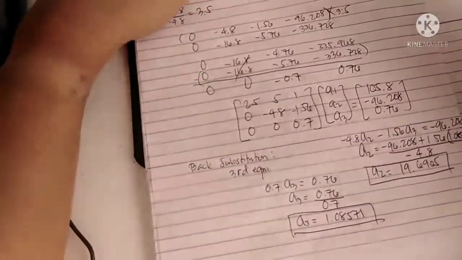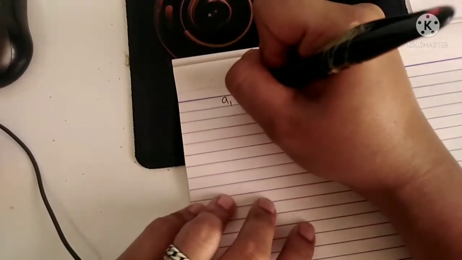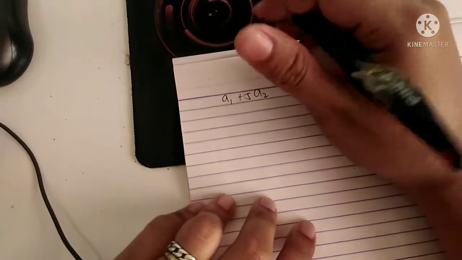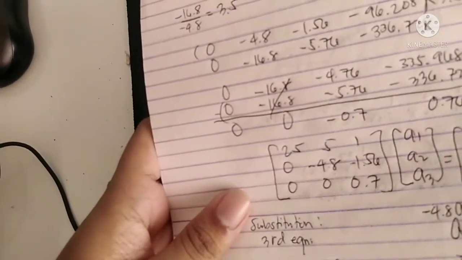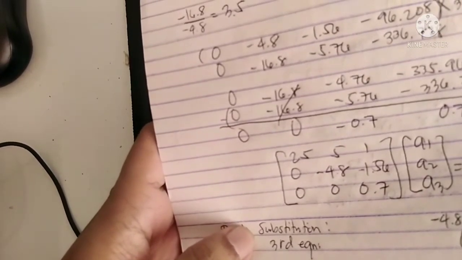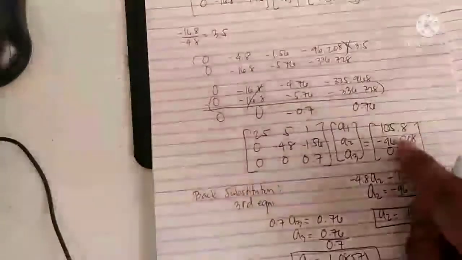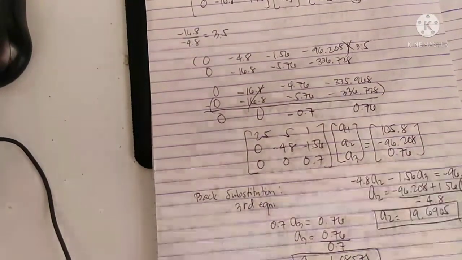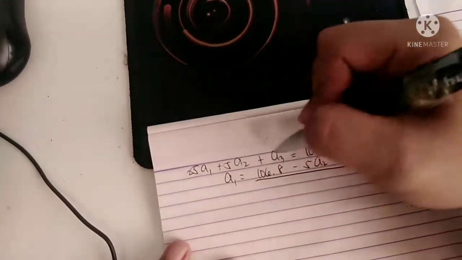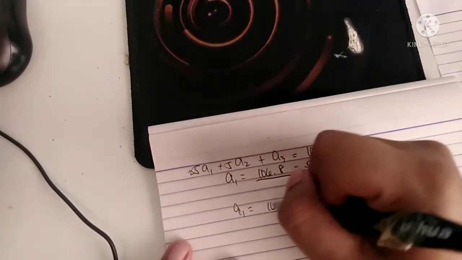To solve for a sub 1, we use the first row, the first equation, which is 25 a sub 1 plus 5 a sub 2 plus a sub 3 equal to 106.8.